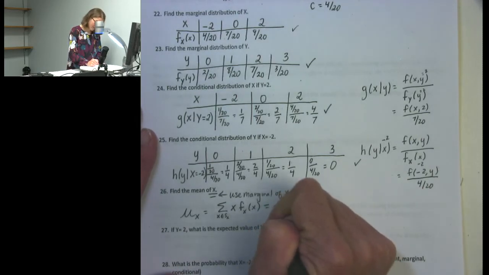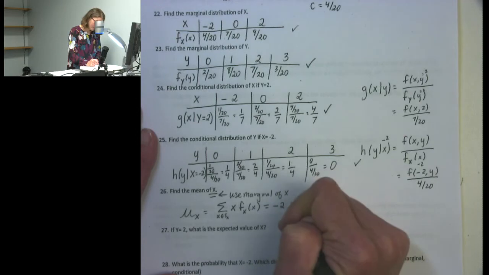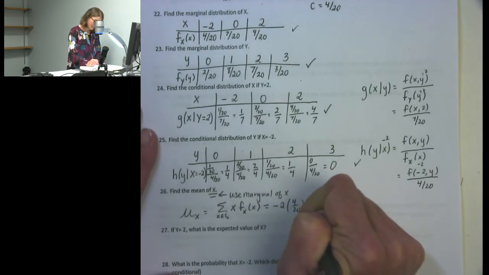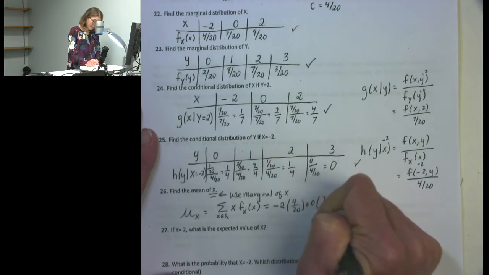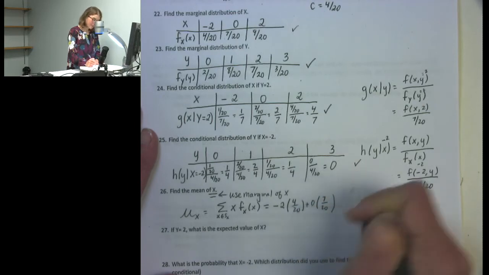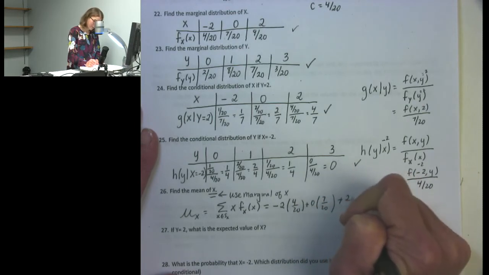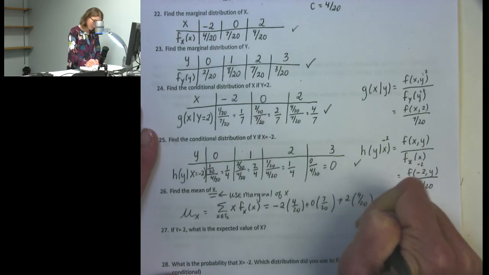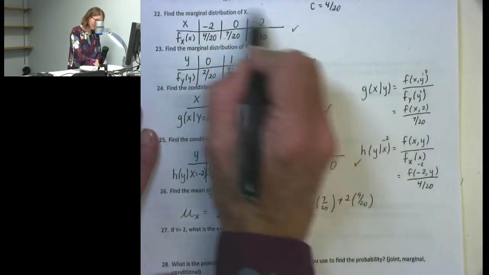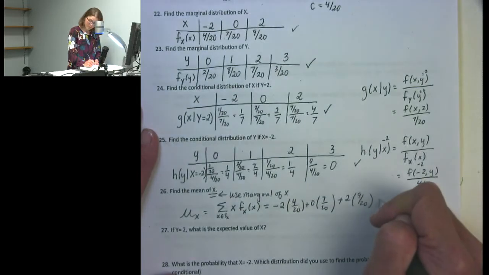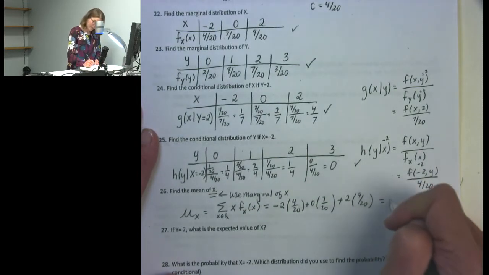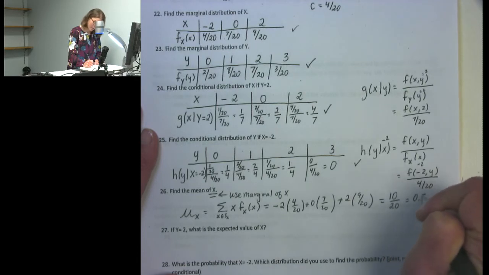So here I have -2 times 4/20 plus 0 times 7/20 plus 2 times 9/20. Again, I'm finding the mean of this marginal distribution. And that gives me 10/20 or 0.5.